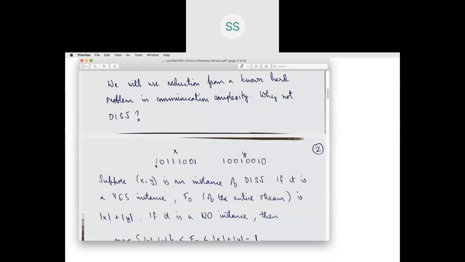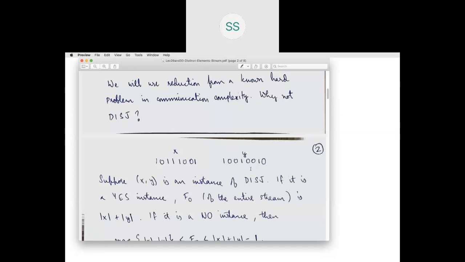How many distinct elements appear? 1, 3, 4, 5, 8, so that is 5. 1 has already appeared, 4 has already appeared, 7 has not appeared, so that's a new element. So 5 plus 1 additional new element, so 6 is the total number of distinct elements if you consider X and Y together in a string.